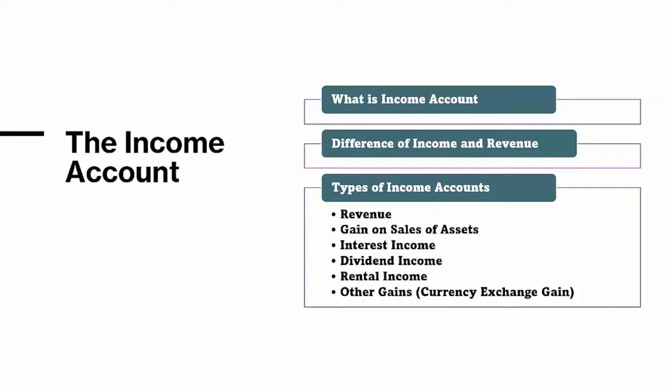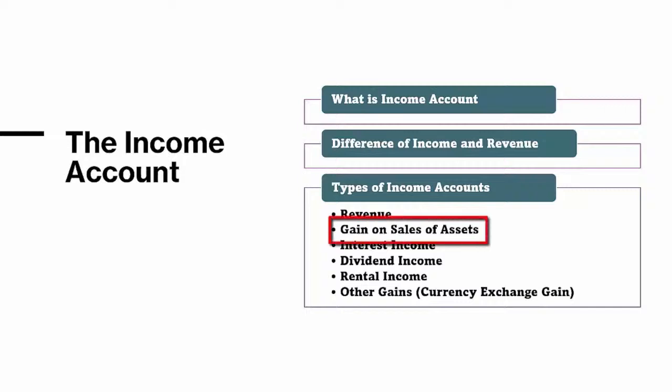This distinction helps businesses see not just how much they're making from their main operations, revenue, but also from other sources, additional income, which can be important for managing finances. Types of income accounts that aren't revenue. Below are some common types of income that appear in an income account but are not classified under revenue.